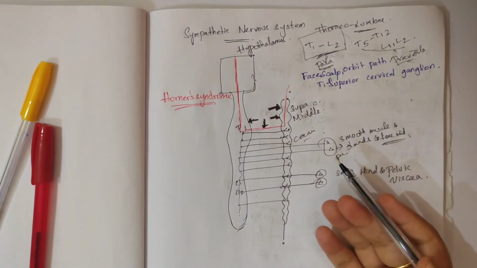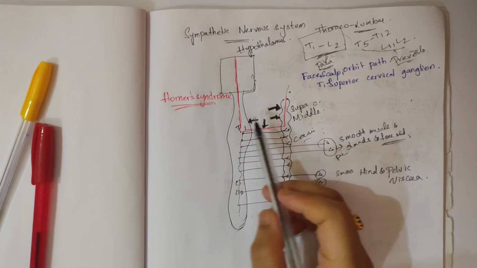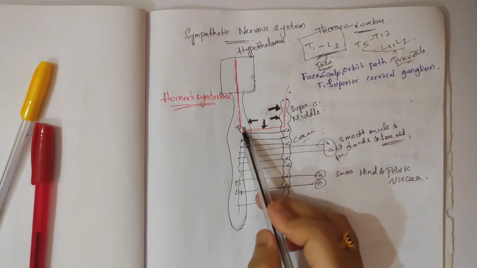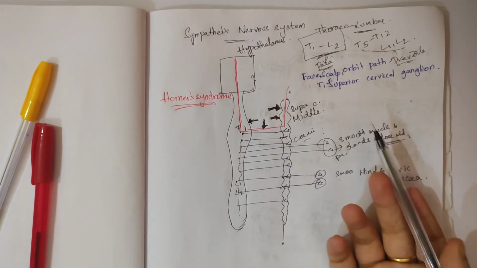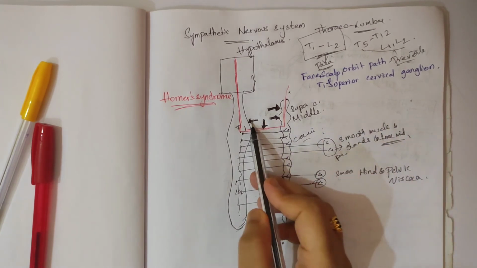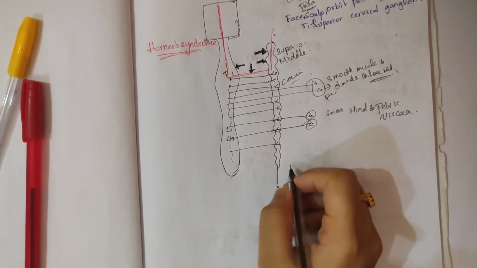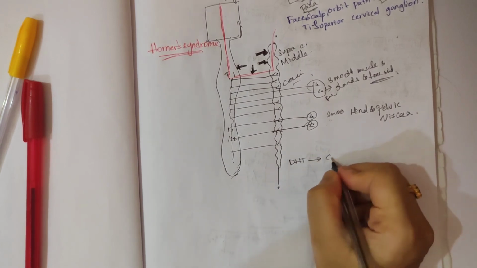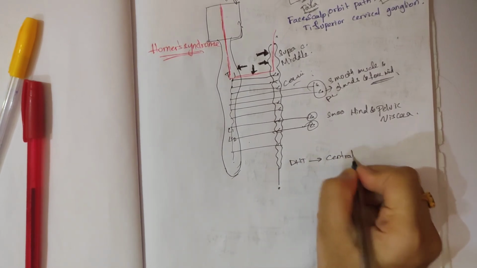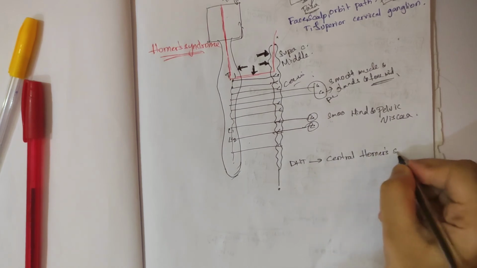What happens if we have a lesion here, that is in the descending hypothalamic tract? This results in central Horner syndrome. So I'm writing here, DHT lesion results in central Horner syndrome. I even told you that it has peripheral and painful.